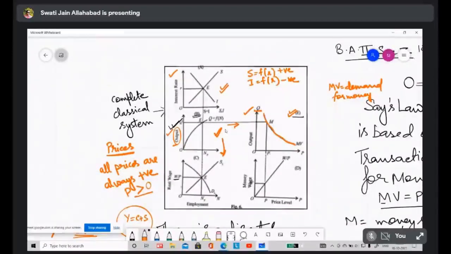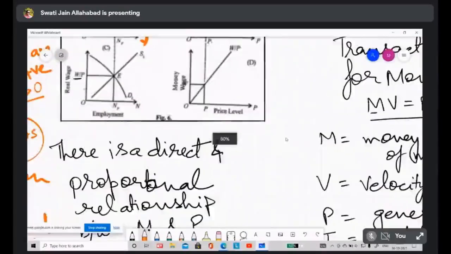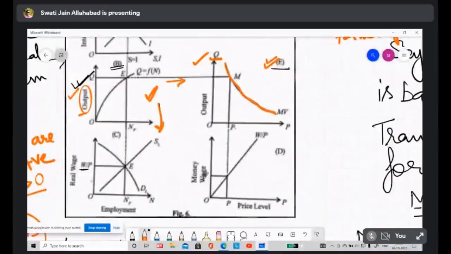Now one diagram which is left for us is this part of the diagram. Okay, try to see here. Now you move in this direction. Once you have decided the level of P for the economy, money wage can also be determined.